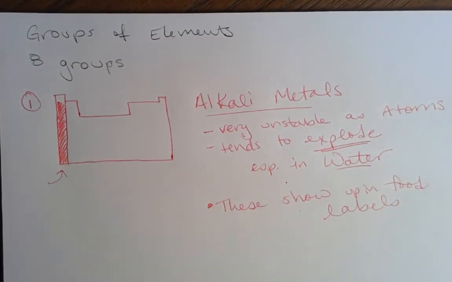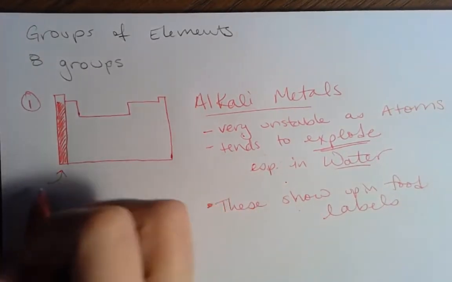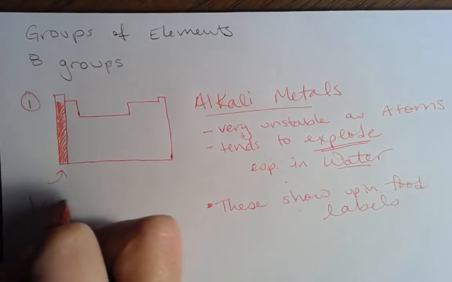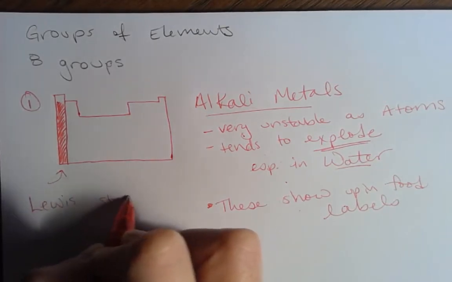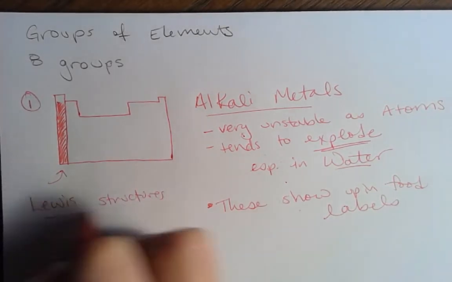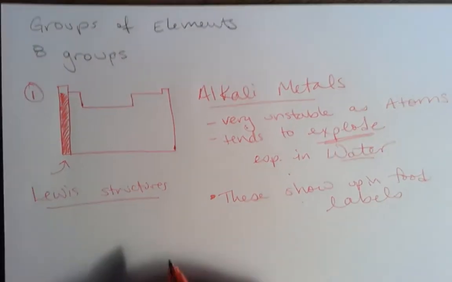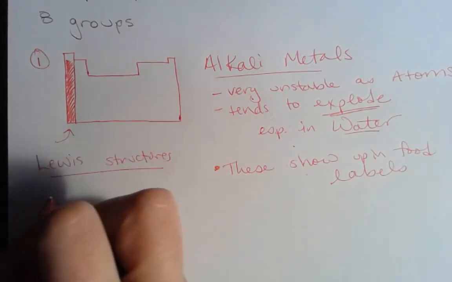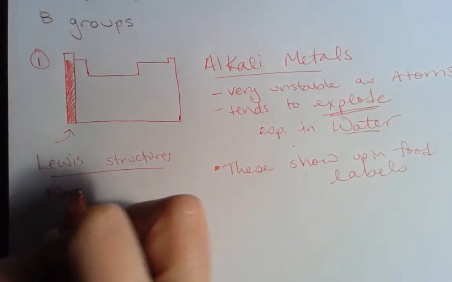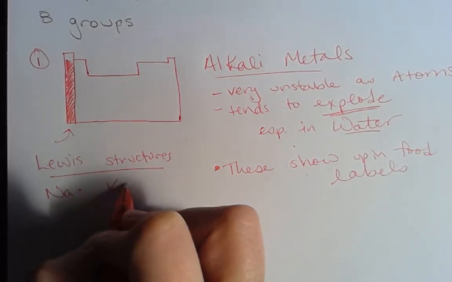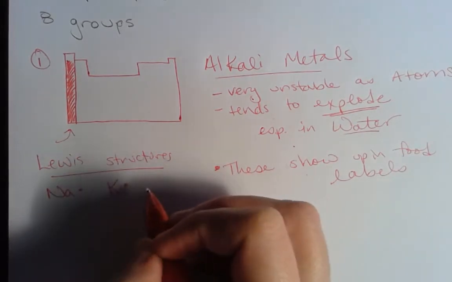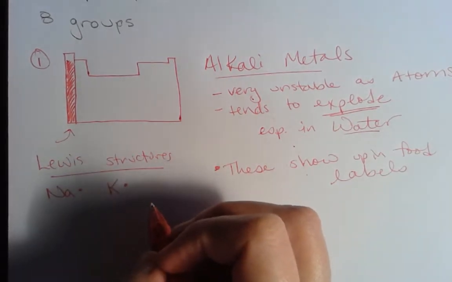Oh, structures. Okay, so Lewis structures. Remember, Lewis structures are shorthand, so that's cool. Your alkali metals include things like sodium and potassium and rubidium. That one doesn't show up in food labels.